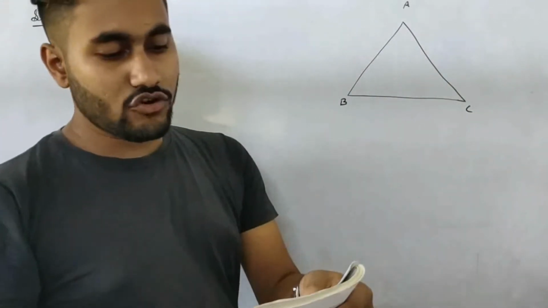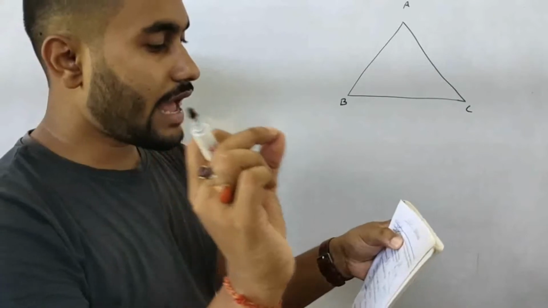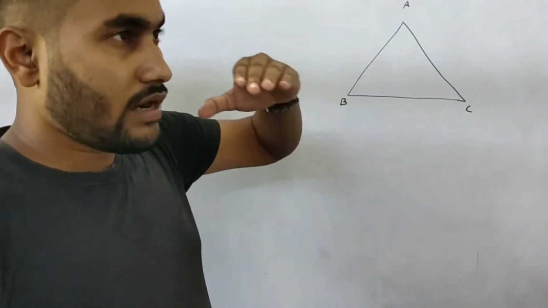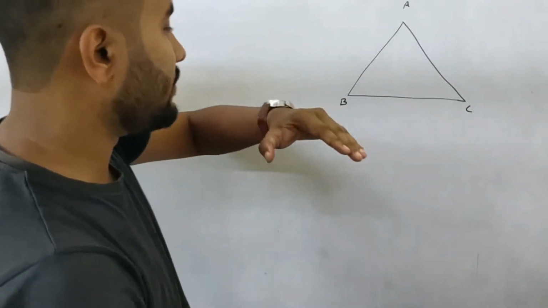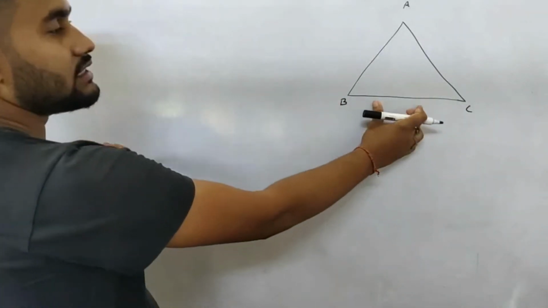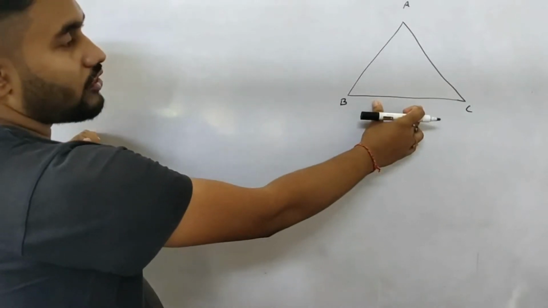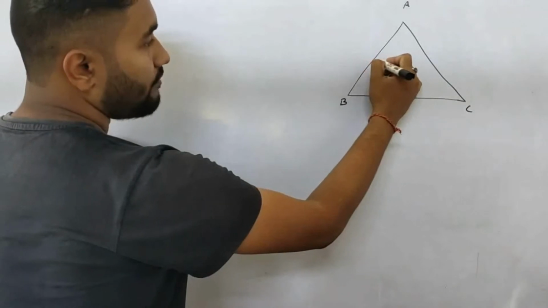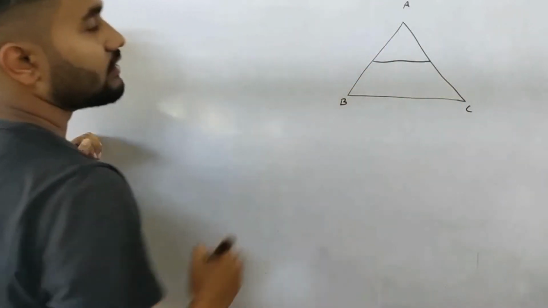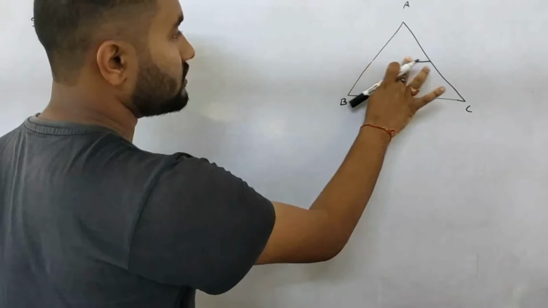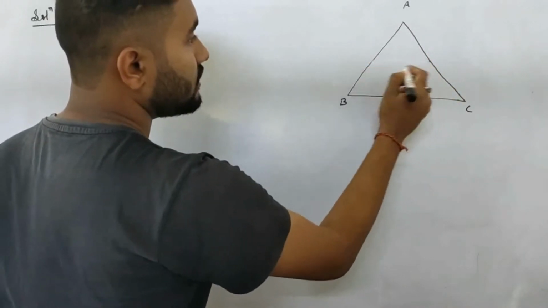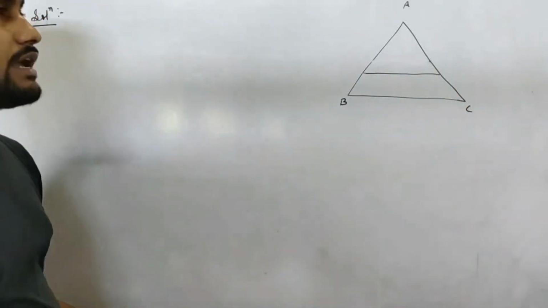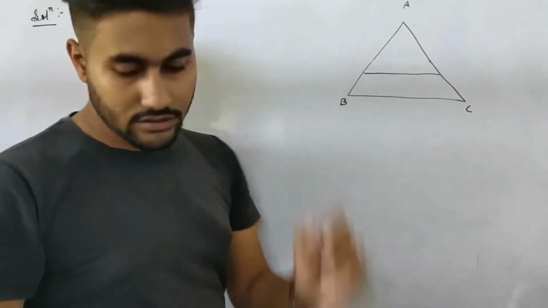If a line is drawn parallel to one side of a triangle, that means one line has been drawn parallel to one side of the triangle. So we will draw a line parallel to this side. Let me draw this line a little below, say over here. This is that line.